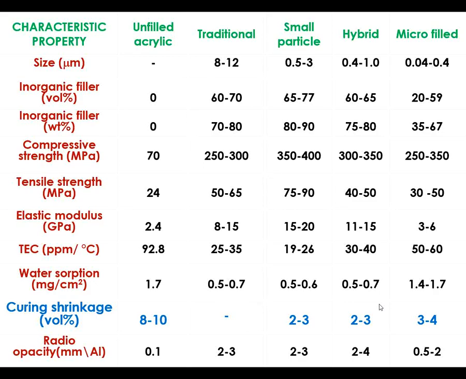Traditional composite have less shrinkage. Small particle sized composite have 2 to 3% shrinkage. Hybrid composite also have 2 to 3% volumetric shrinkage, and microfilled composite have almost 3 to 4% shrinkage.